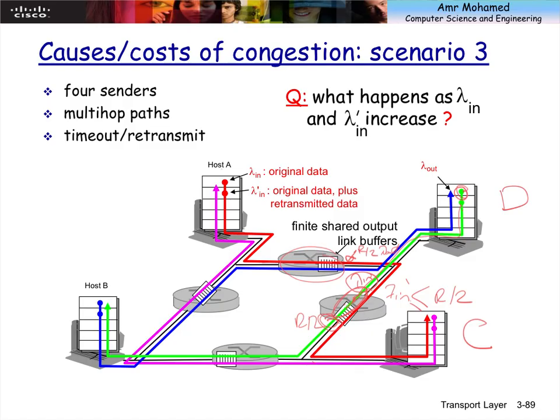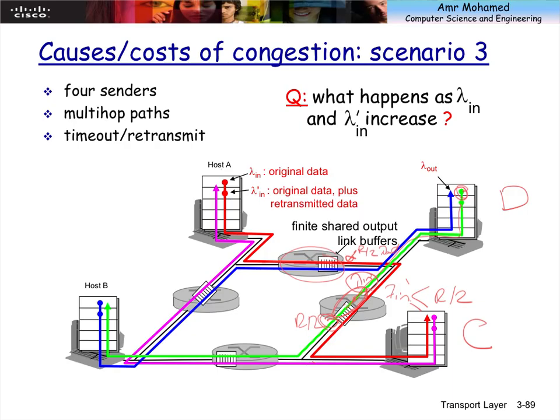So lambda in is capped by R over 2, competing with another one that can go potentially to infinity. Right? Okay? What will happen here? What do you think will happen? If I keep sending, yes, it will be unfair for D.